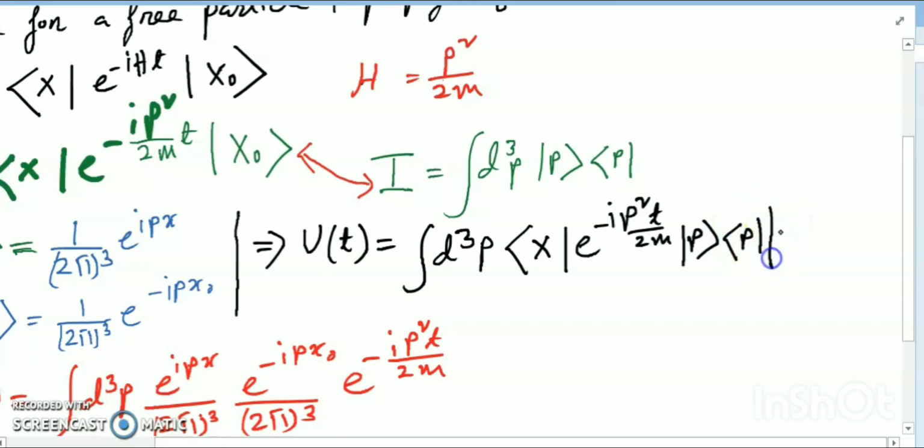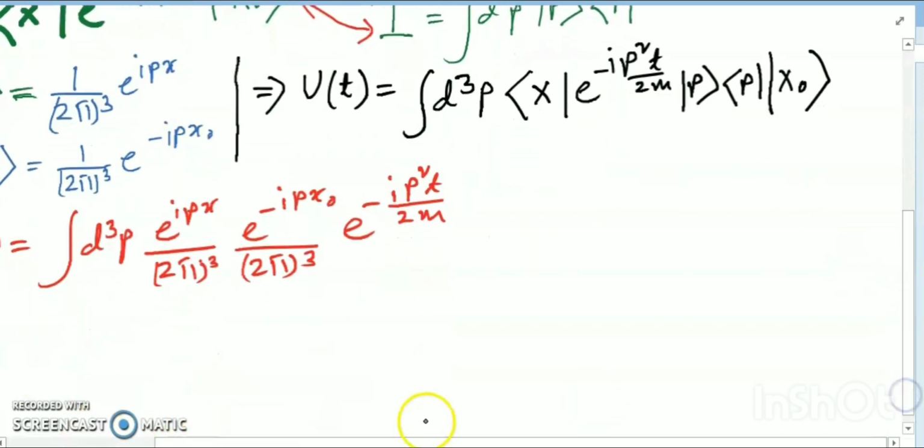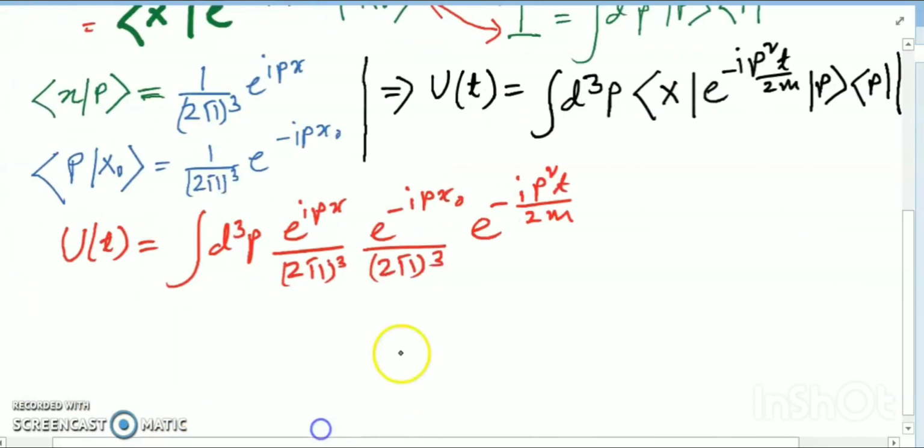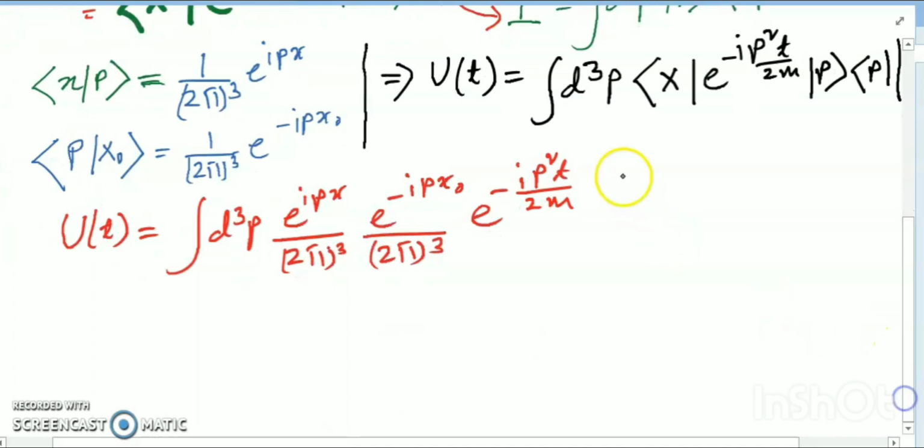Now it can be written this way, just putting the value of x into this. And <x|p><p|x0>, this result I just used here.